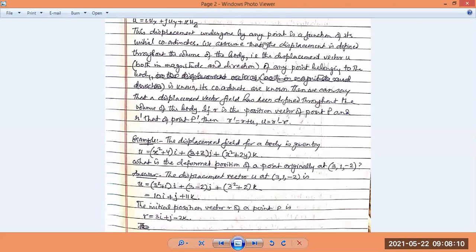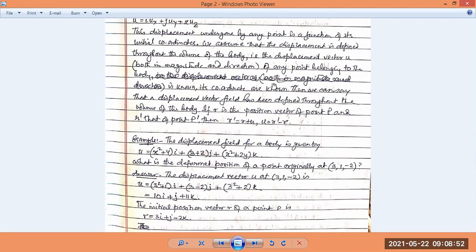We know the coordinates of the original points from our rectangular coordinate setup, and we assume that the displacement of any point from initial to final throughout the body is defined by the displacement vector u, if the initial and final coordinates are known to us.